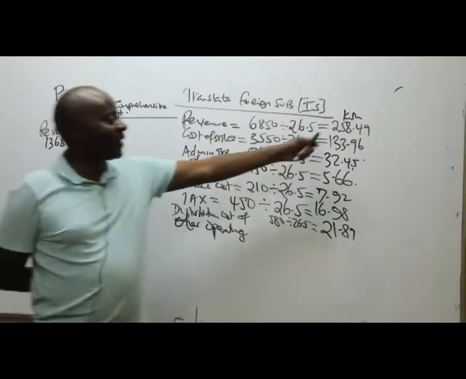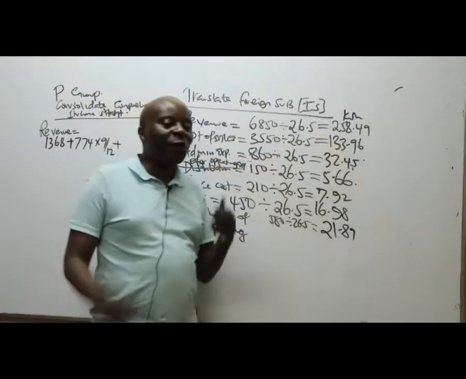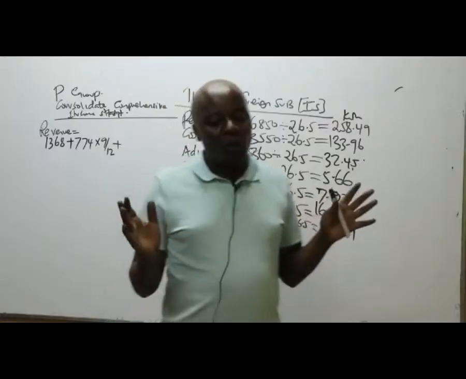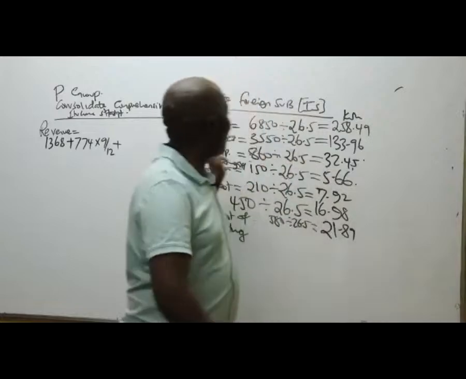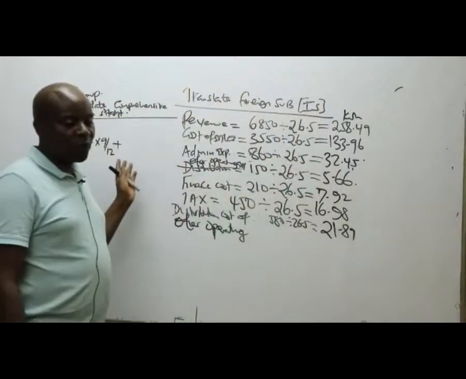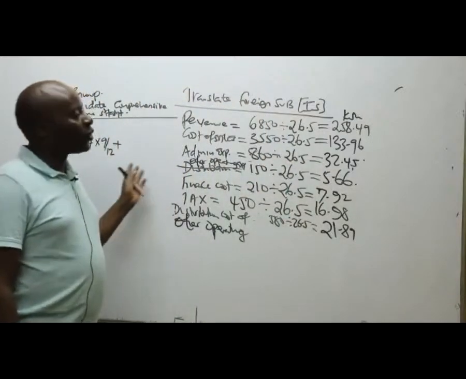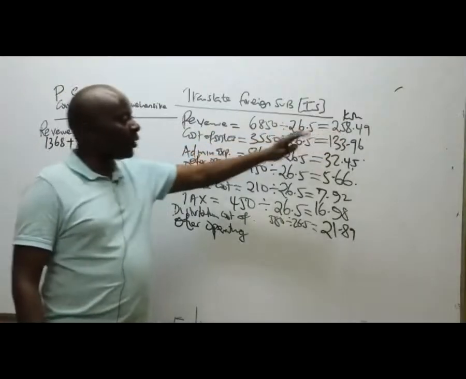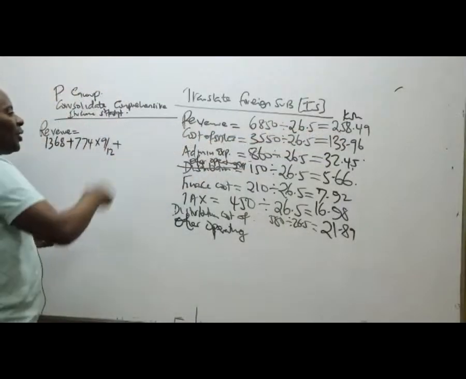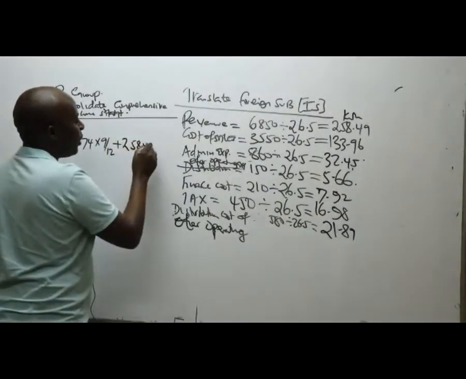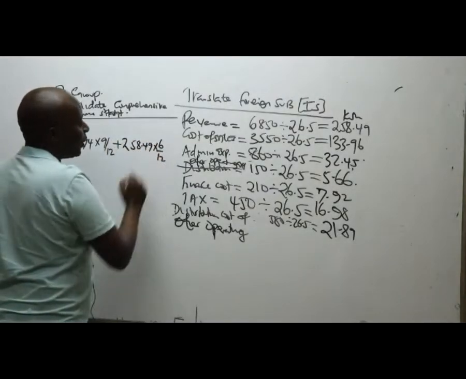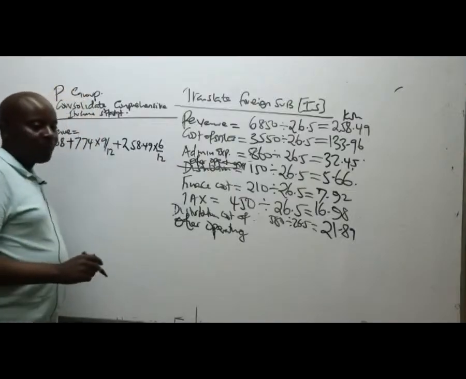You always get somebody bringing the Uganda shillings again to add them to Kenya shillings. We have already translated them to Kenya shillings. So I need to pick this one, which is 258.49. It was only ours for 6 months.